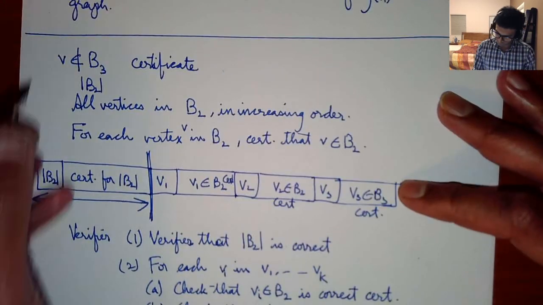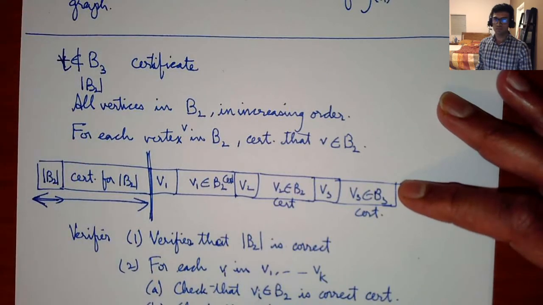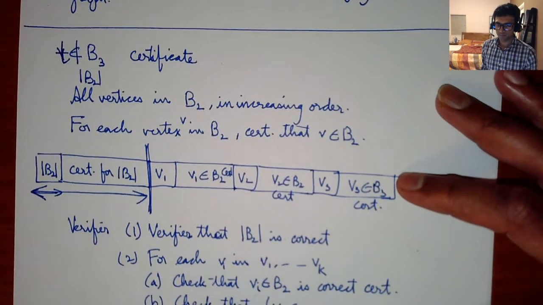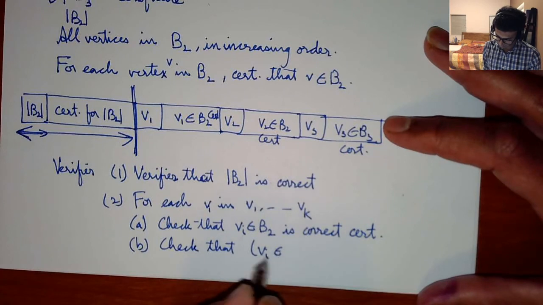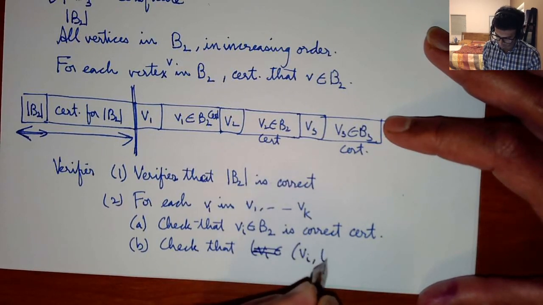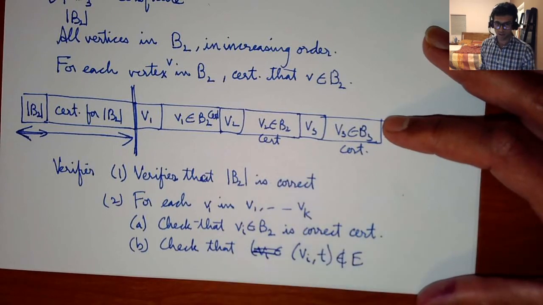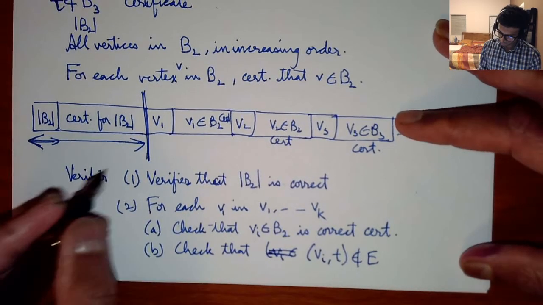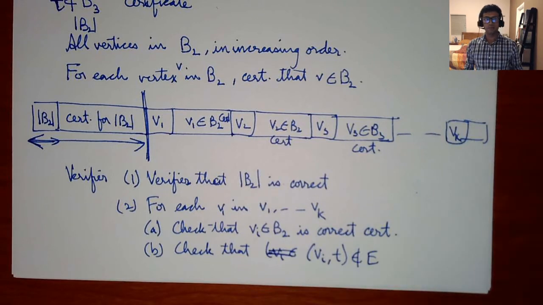Let me call this vertex T, just to give it a different name.